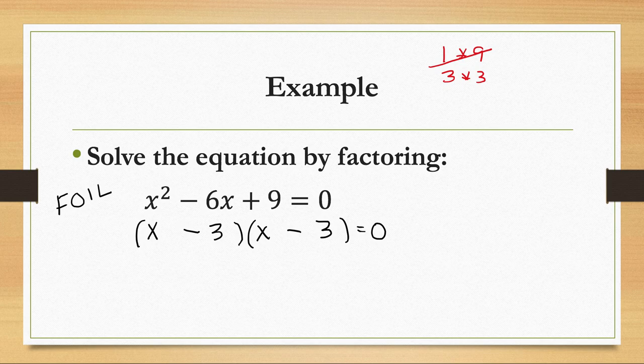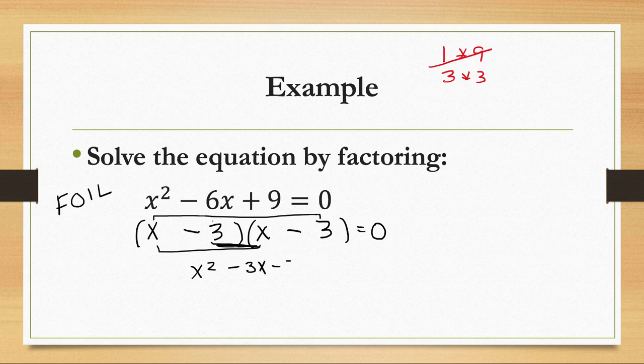Now, once I get this thing factored, I want to check to be sure that I've actually factored it correctly. So I'm going to use my FOIL method really quickly and just make sure that I've got it right. So first times first is going to give me x squared. Remember, the O stands for outside. So I'm going to be multiplying this x and that negative 3. So that's going to give me a negative 3x. The I stands for inside, so that's going to be these two terms.